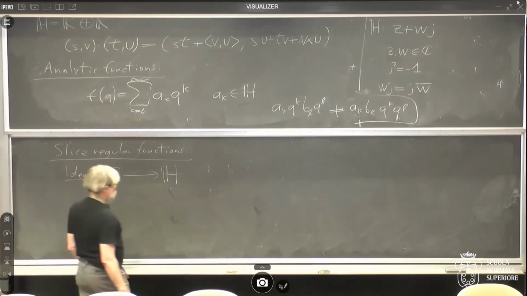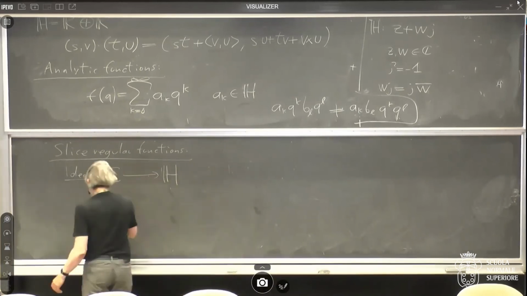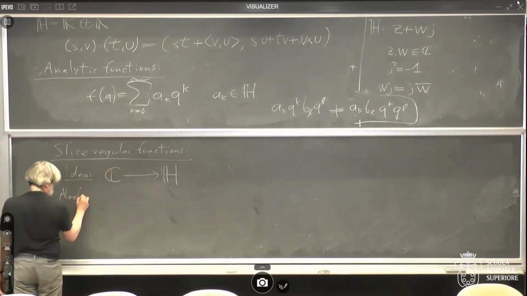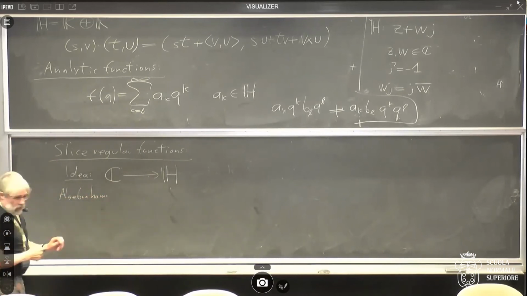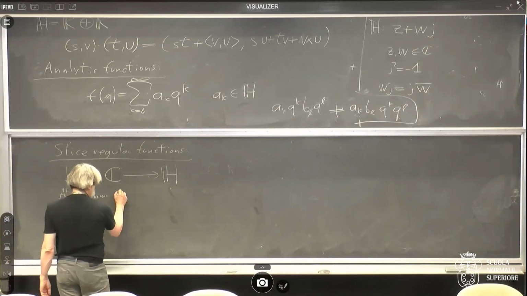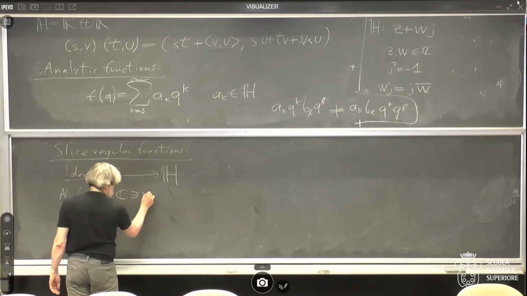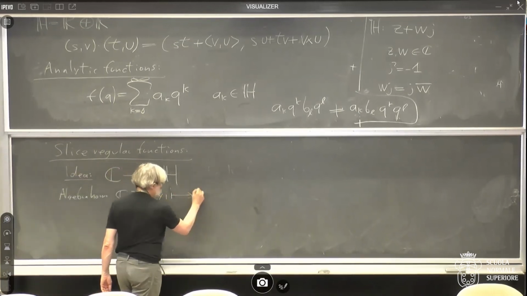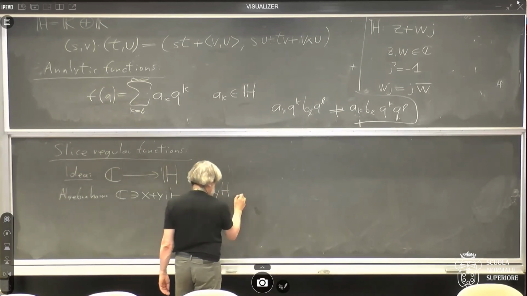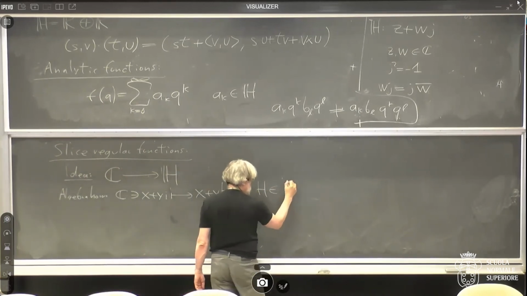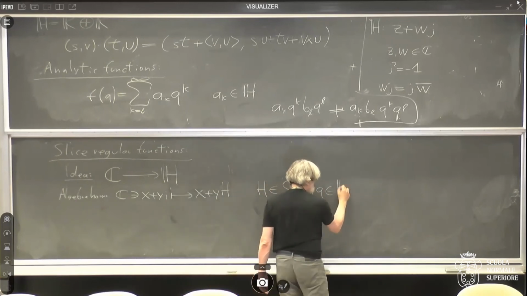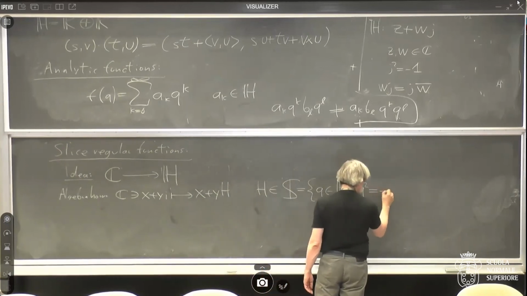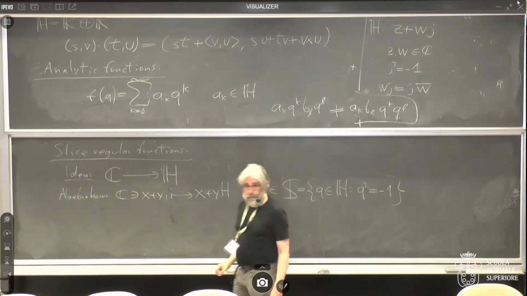So in fact, if you look at all algebra homomorphisms from the complex numbers to the quaternion numbers, then they are described as follows. You must take an element in the complex numbers, x plus yi, and then you map it into x plus y times h, where h is an element in S. This is the set of all quaternions which have the property that q squared is minus 1.